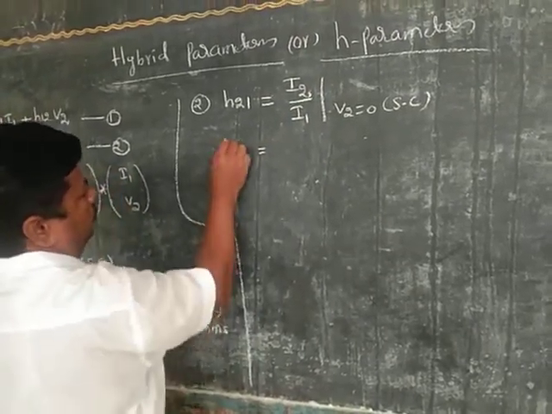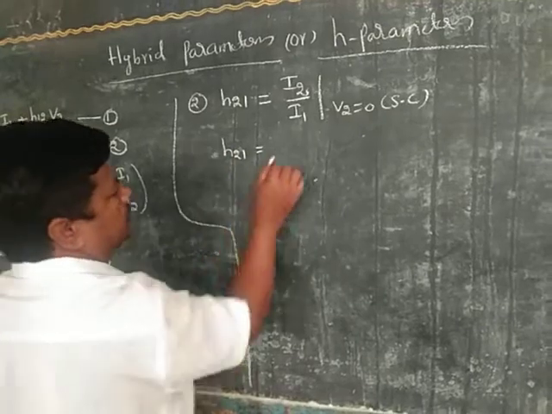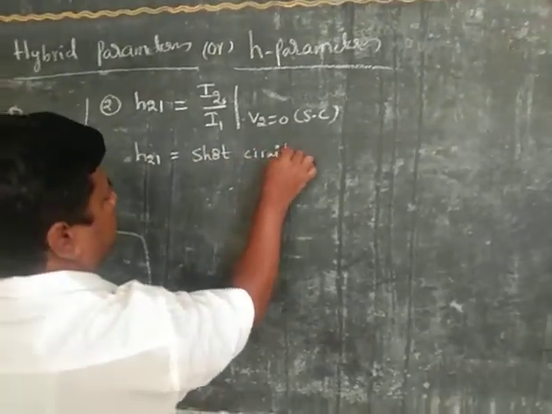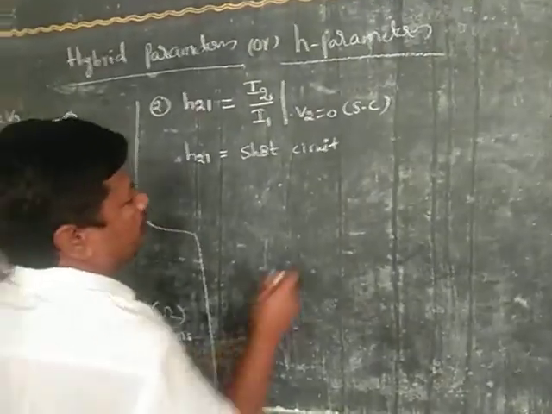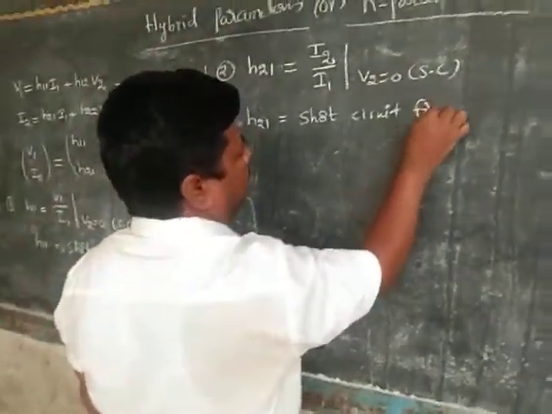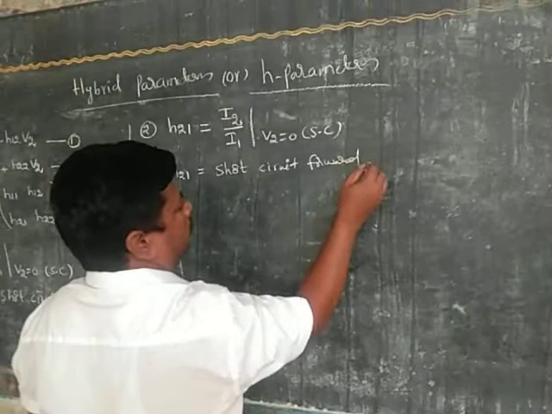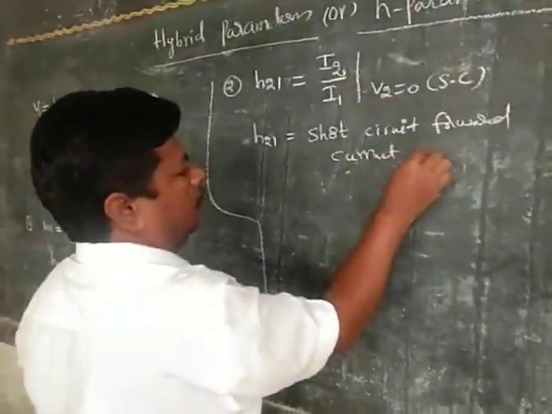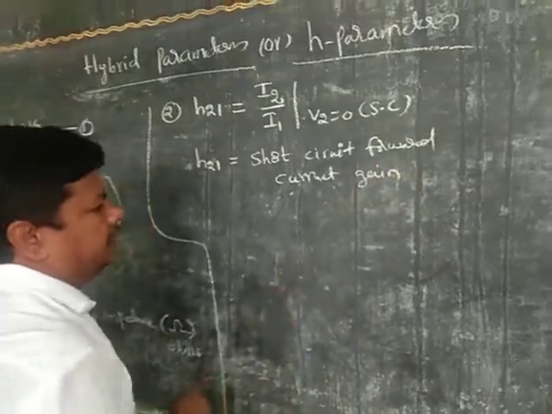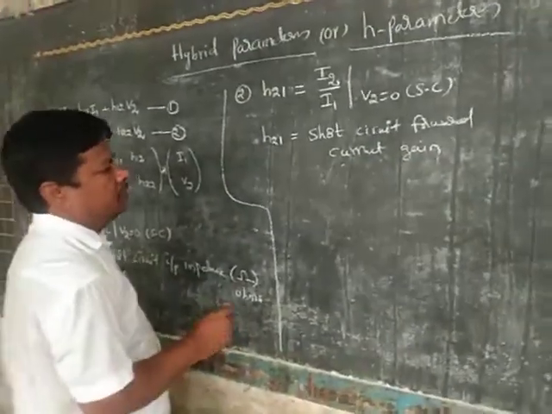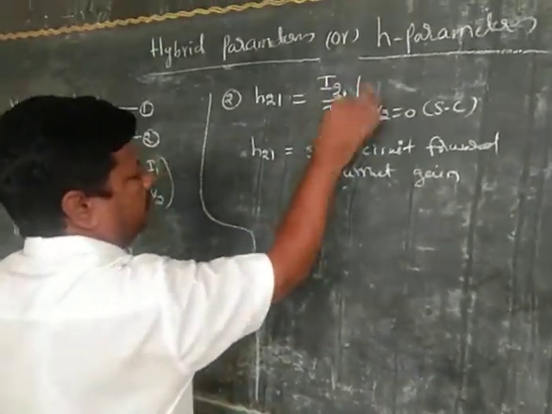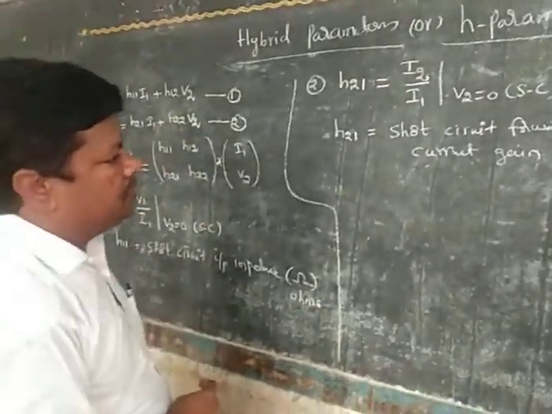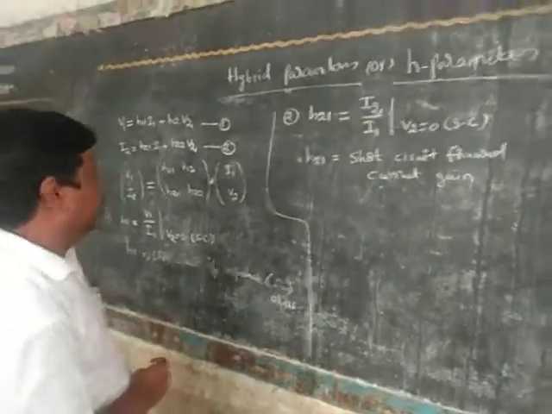That means H21 is also called short circuit forward current gain. There are no units for this gain: amperes by ampere get cancelled, only the constant I2 by I1 remains. Short circuit forward current gain.